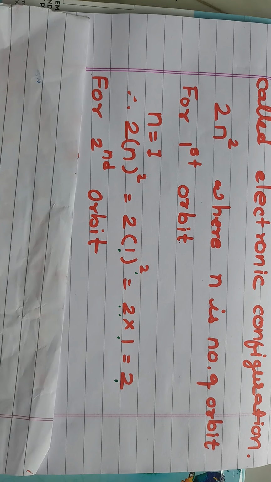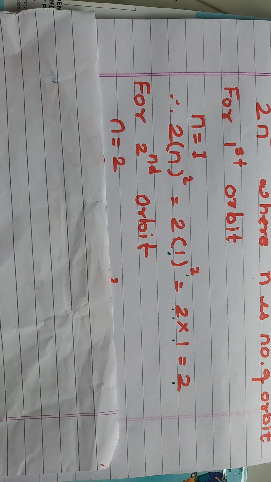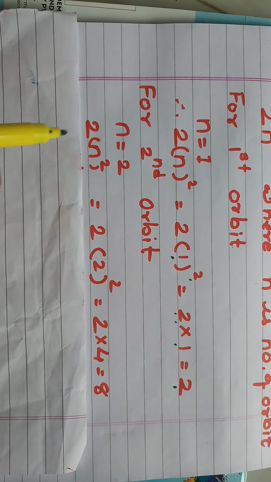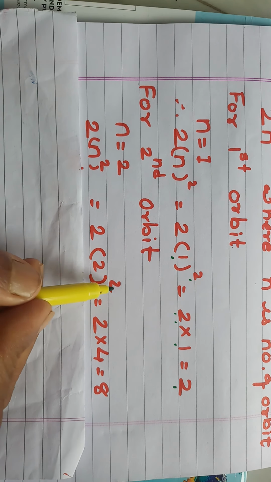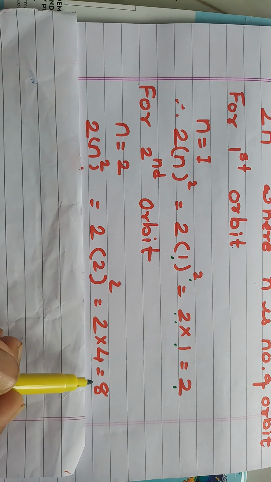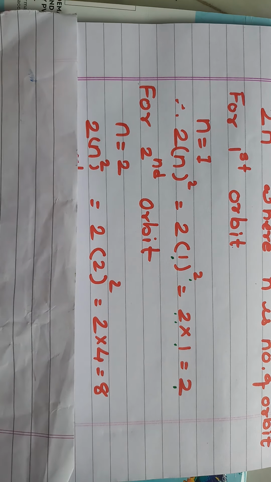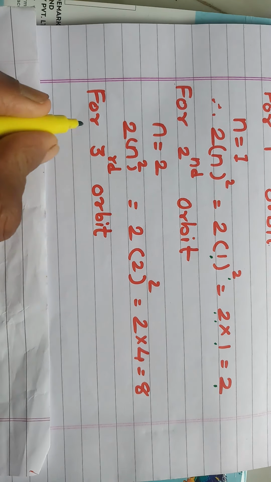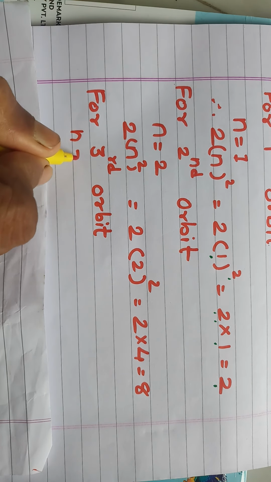Now to decide the number of electrons for the second orbit, we substitute n equal to 2. Then it becomes 2n square, 2 into 2 square. 2 square is 4, into 2 is 8. So the maximum capacity of the second orbit is 8 electrons. Similarly, for the third orbit, n is equal to 3.